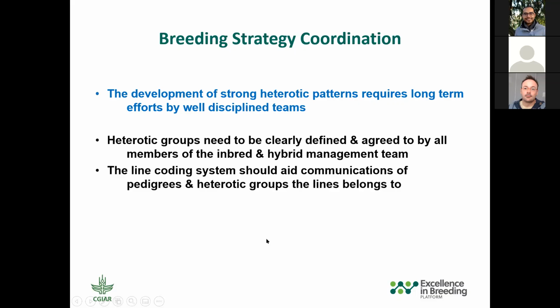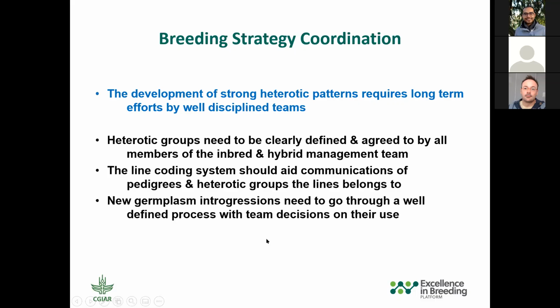You can aid that process with reduced conflict by having a nice line coding system that aids in communication, where just by looking at the code, you know something about the pedigree or the heterotic groups that the lines belong to. For sure, though, there are still going to be new germplasm introgressions, and as new lines come in, they need to go through a well-defined process with team decisions on the use.